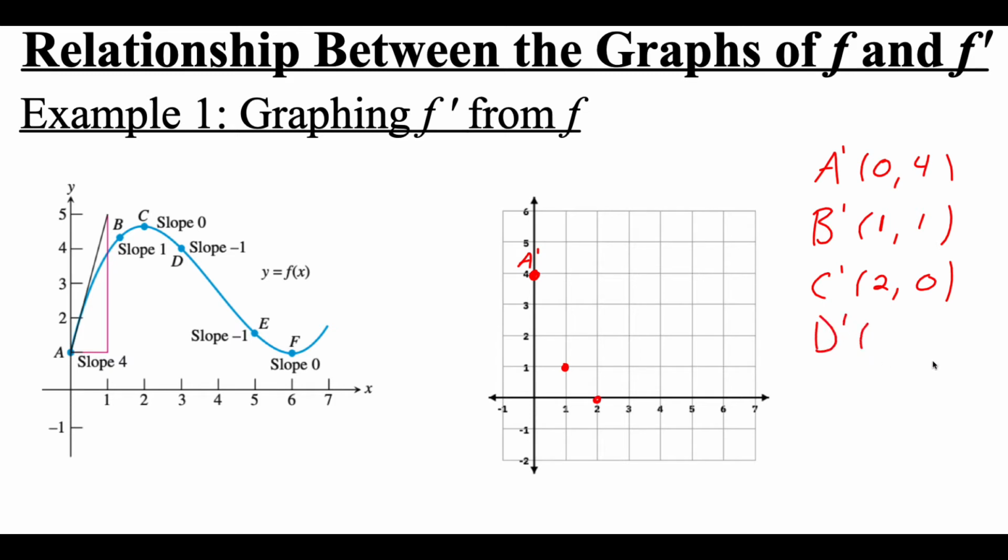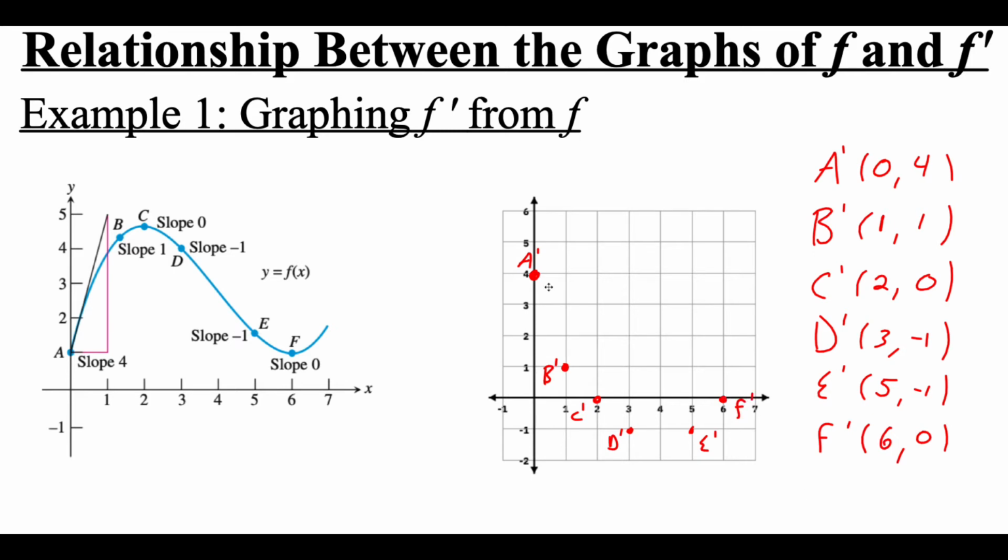For D prime, that's at the x value of 3, and the slope there is -1, so I'm going to plot the point (3, -1). For point E prime, point E is at an x value of 5, and the slope we found there was -1, so we go to (5, -1). And lastly, we've got our F prime point. That's at an x value of 6, and the slope we found there was 0. So (6, 0) is that point right there.